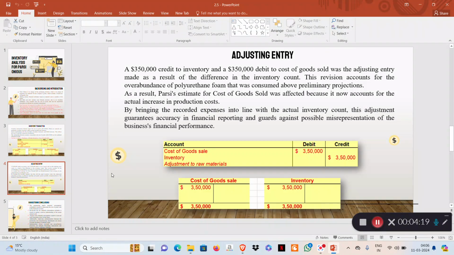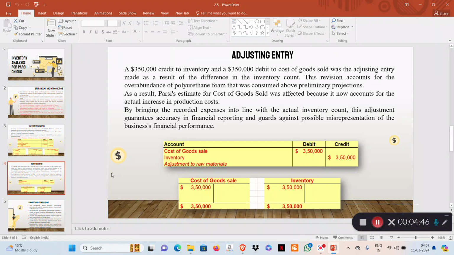As a result, Parsi's estimate for cost of goods sold was affected because it now accounts for the actual increase in production cost. By bringing the recorded expenses into line with the actual inventory count, the adjustment guarantees accuracy in financial reporting and guards against possible misrepresentation of the business's financial performance.